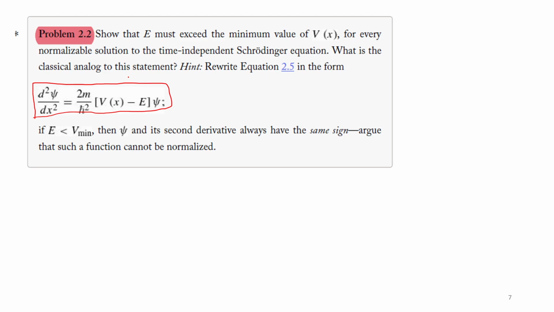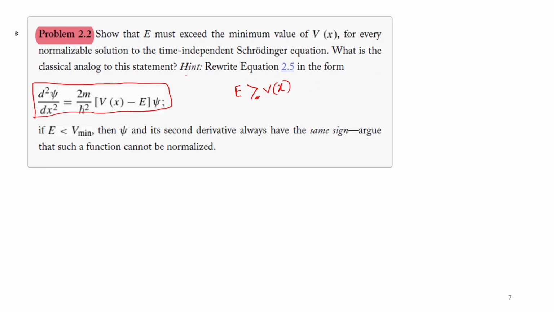Now they are asking that we have to prove that E must exceed, means E must be greater than V of x, so that the psi can be a valid wave function.